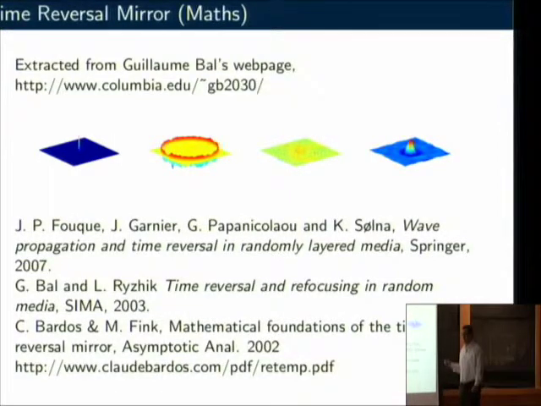Mathias Fink has a website, and the title is in French, Retournement temporel, but if you want to download the slides, they're in English and very clear about what happens.